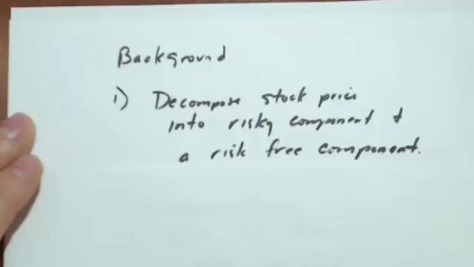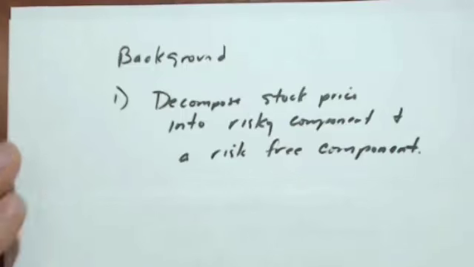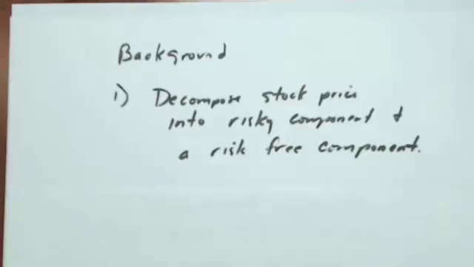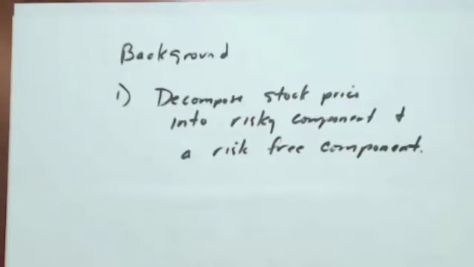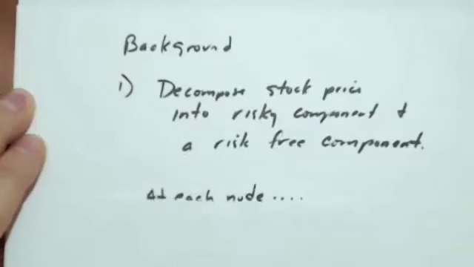So it doesn't matter if we go up or down, what node we're at, the dividend will be paid in that node that we specify. So in the upcoming problem, we'll see a dividend that appears at the first node, and it doesn't matter if it's the first up node or the first down node, that dividend will be paid. So I'll show you that as we get to the problem.